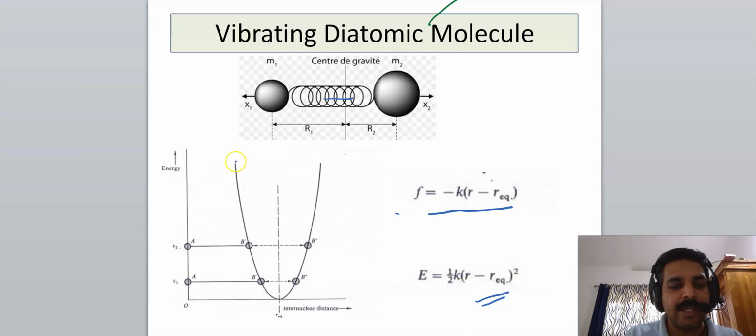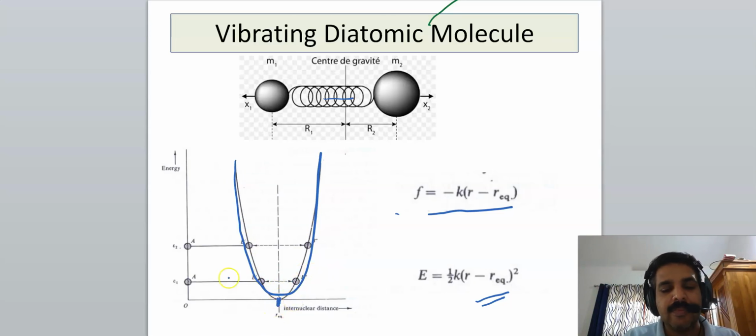So the energy diagram will be like a parabola. This is the equilibrium bond distance, and this is the lowest energy. When the molecule is compressed or elongated, the energy increases. As the compression or elongation increases, the energy also increases.